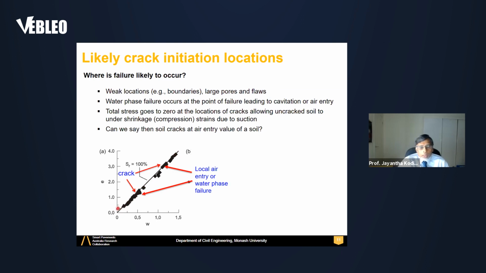Without any shrinkage, it undergoes water loss. So normally air entry happens around here, but you can see cracks happen much earlier. Therefore, cracks happen due to local air entry at the locations where it cracks, not at the global air entry of the soil, as seen from water retention curves. The water retention curve will give you this global air entry, but local air entry can lead to desiccation cracking even when it is saturated.